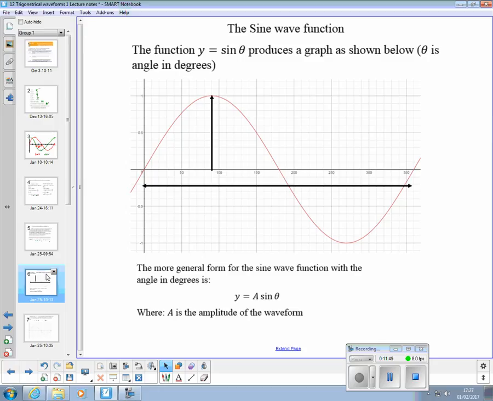A more general form for the sine wave function with the angle in degrees is y equals a times the sine of theta. What's the constant a? Amplitude. Yep. This distance up that arrow there is a, the amplitude.